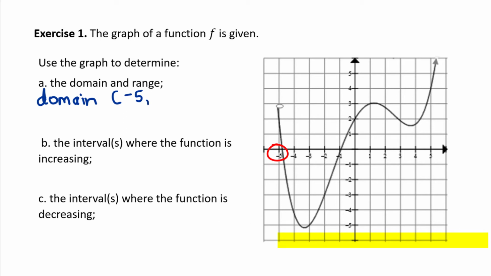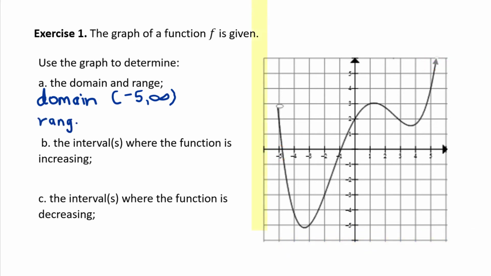The rightmost displayed point of the graph has an arrow which indicates that the graph continues indefinitely to the right. The notation is infinity, and infinity is not a real number and cannot be reached, so we write the parentheses to indicate that fact.